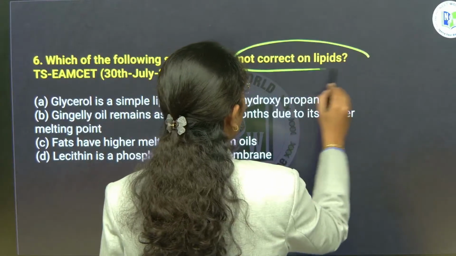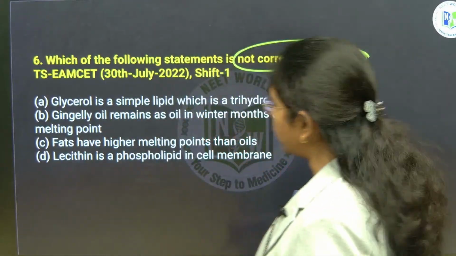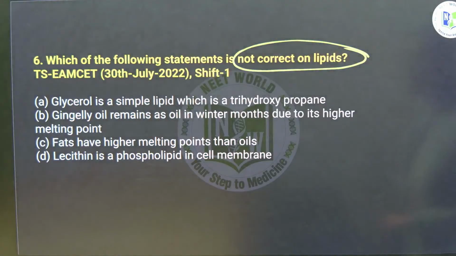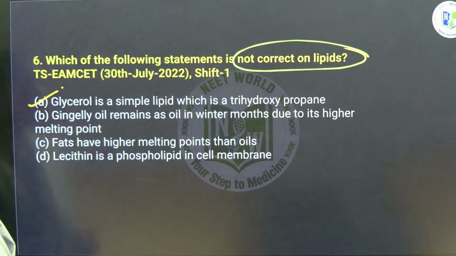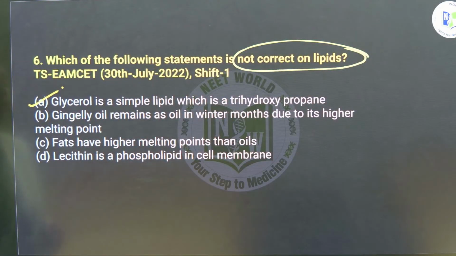On lipids we have to now check for the incorrect statements. Glycerol is a simple lipid which is a trihydroxypropane. True. Gingelly oil remains as oil in winter months due to its high melting point. True. Fats have higher melting points than oils. Lecithin is a phospholipid in the cell membrane. Look into that properly and answer carefully.